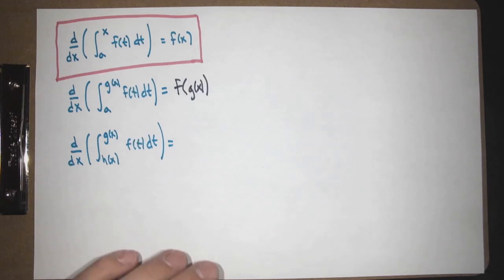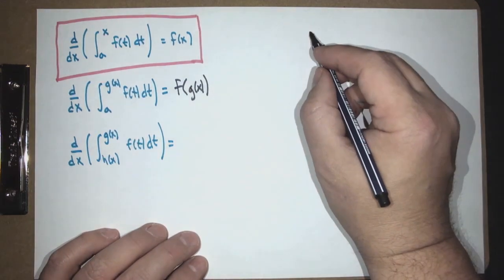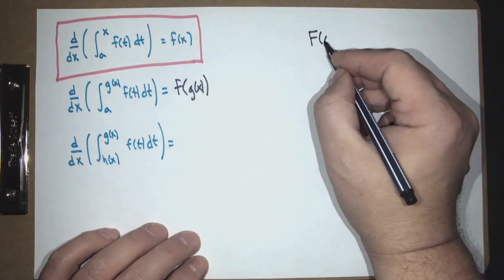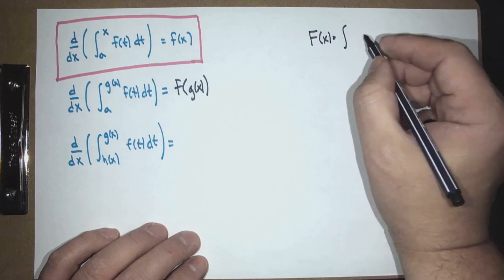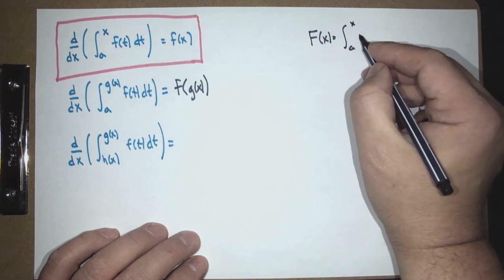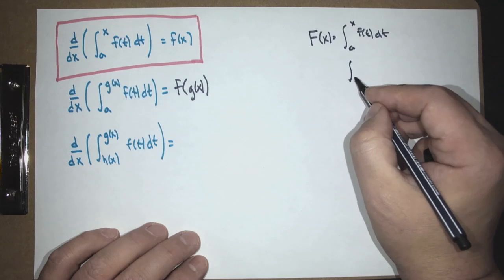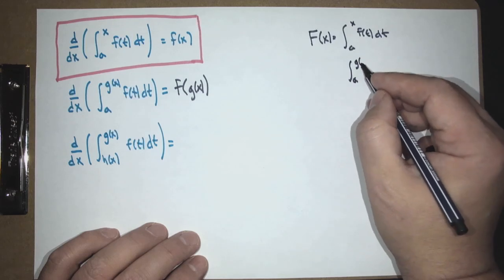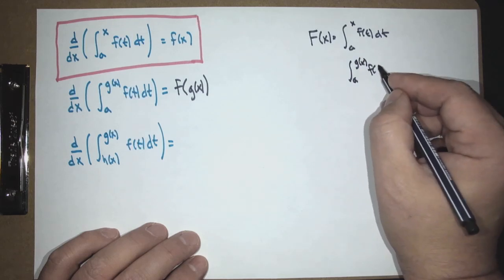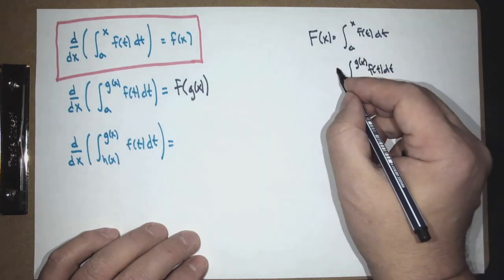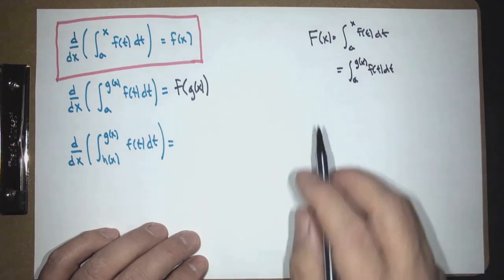Let's think about what's going on here. So we called this function F of x, the integral from a to x of f of t dt. And that's the idea, the integral from a to g of x of f of t dt. What would that match with in terms of capital F?